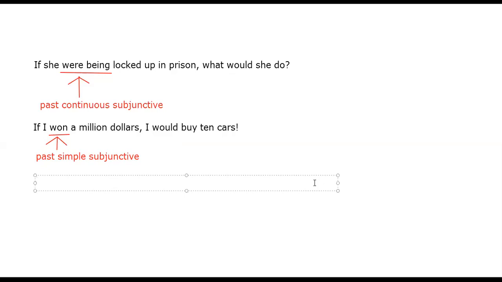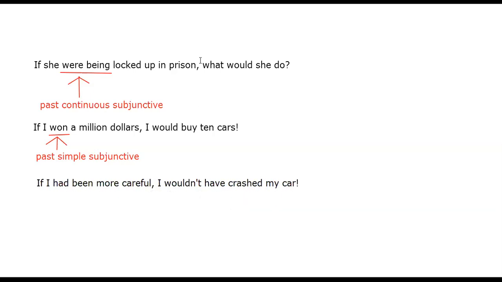So if I had been more careful, I wouldn't have crashed my car. So here we have a past situation, right?